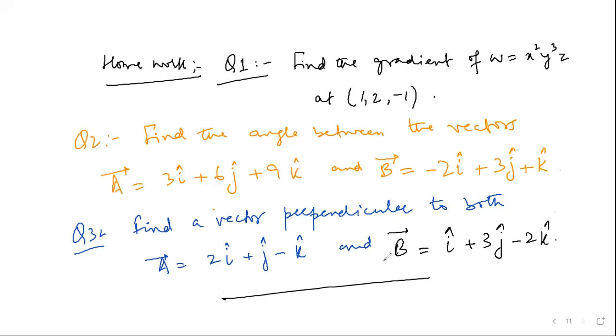Find a vector perpendicular to both a equal to i plus j minus k and b equal to i plus 3j minus 2k. That's all for today.